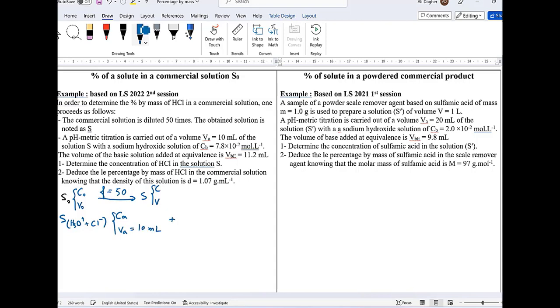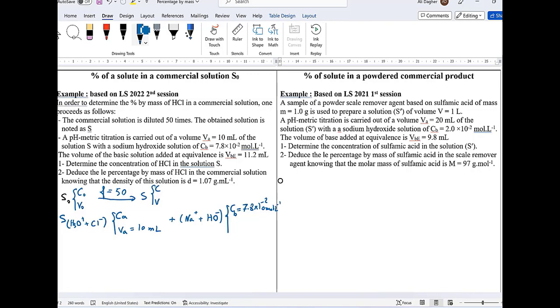We titrate this solution by a sodium hydroxide solution Na plus HO minus of concentration Cb equal 7.8 10-2 mole per liter.